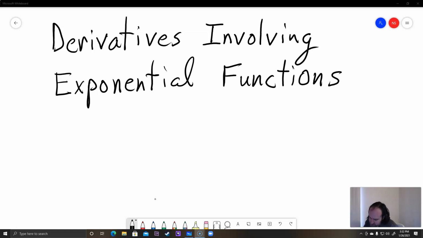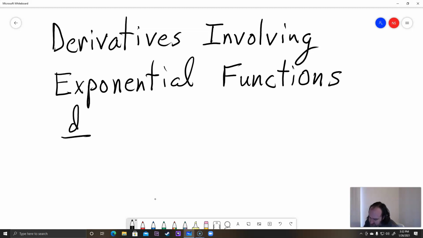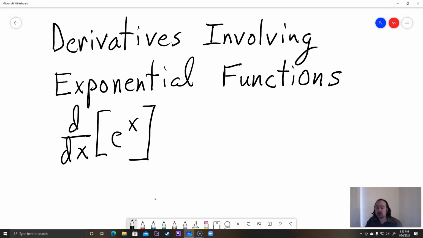E to the x is a special function because the derivative of e to the x is actually equal to itself. So the derivative of e to the x equals e to the x. In fact, that's one reason why we learn about the number e in pre-calculus.